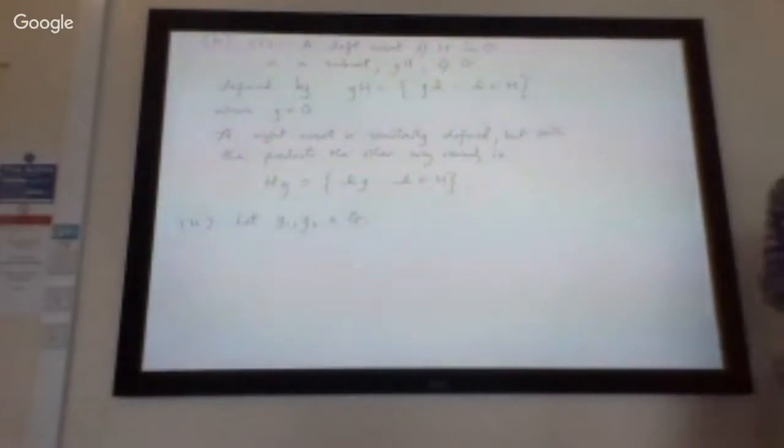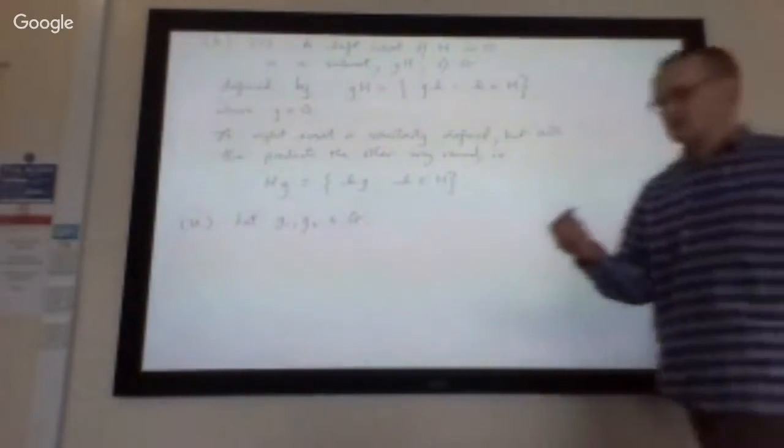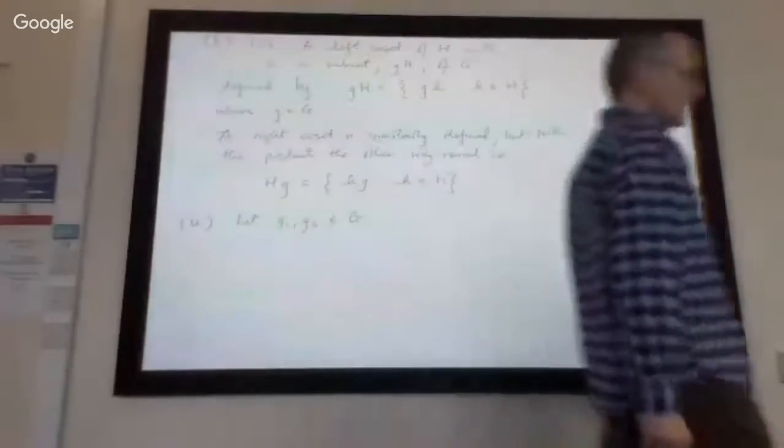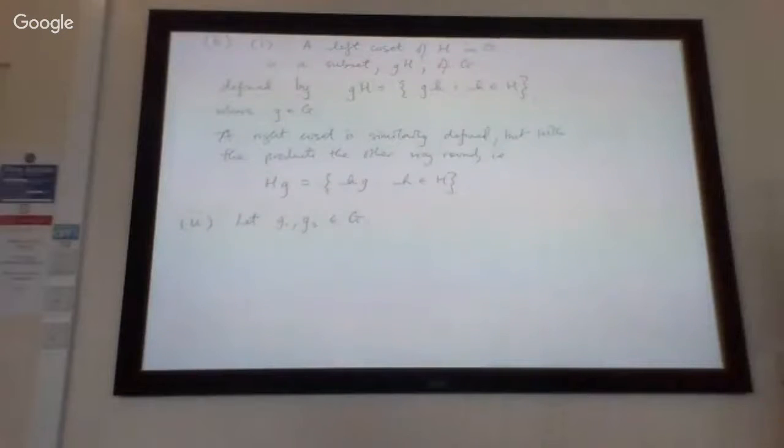So any thoughts just on how, given the structure of the two statements, G1H equals G2H, or G1H intersect G2H is empty? Thinking about proof strategies for this.